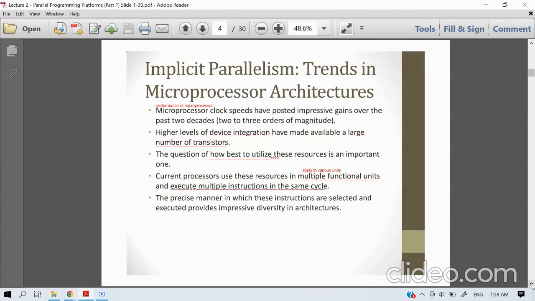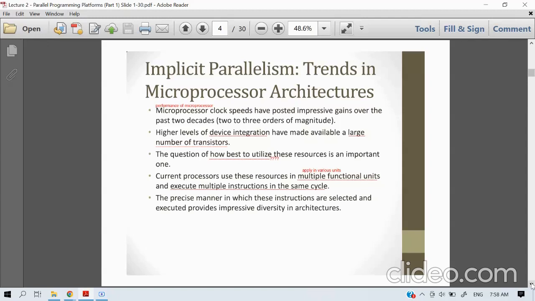So because of that, we need to find out how to utilize these resources in the best way. Current processors use these resources in multiple functional units and execute multiple instructions in the same cycle. The precise manner in which these instructions are selected and executed provides impressive diversity in architectures.